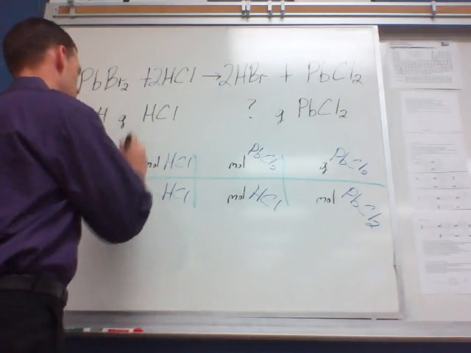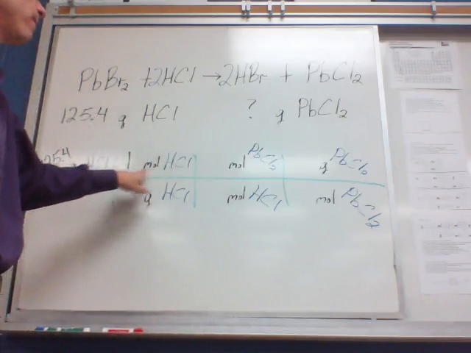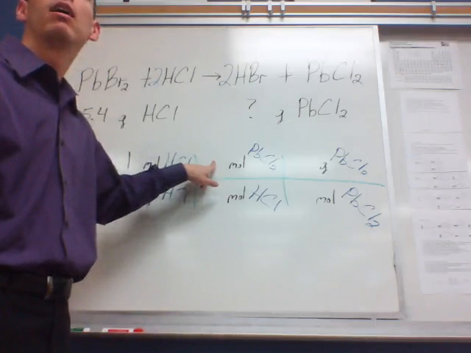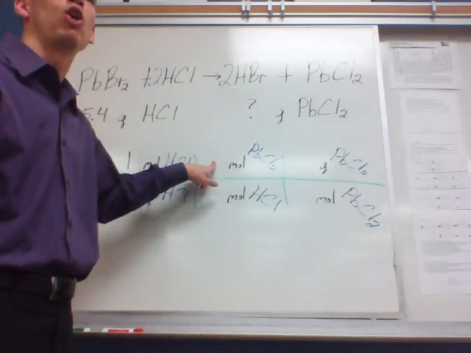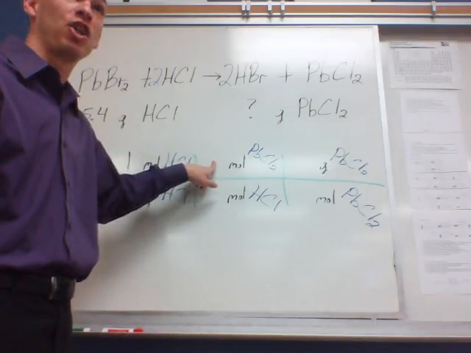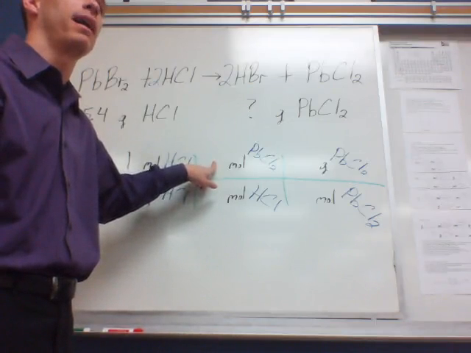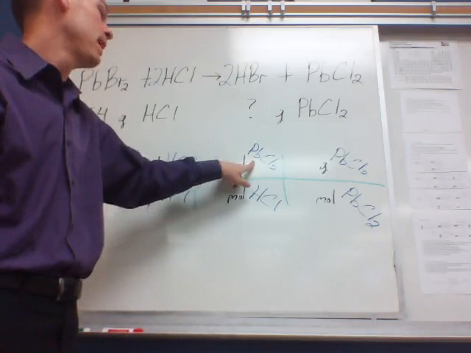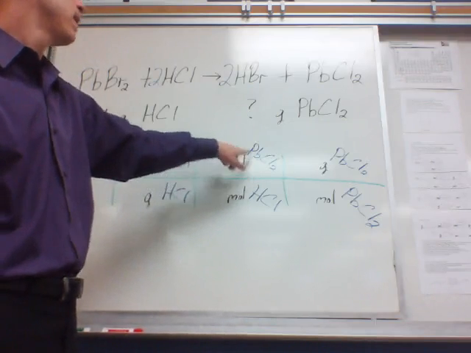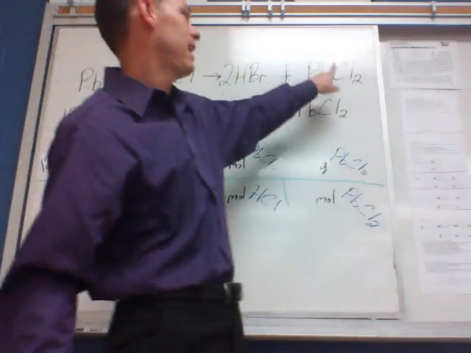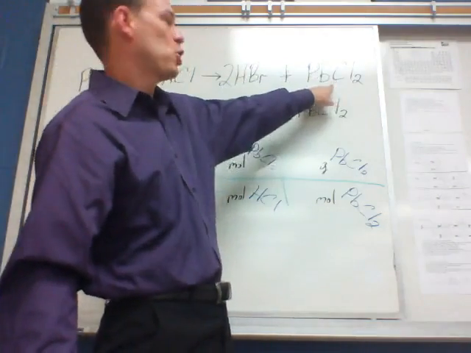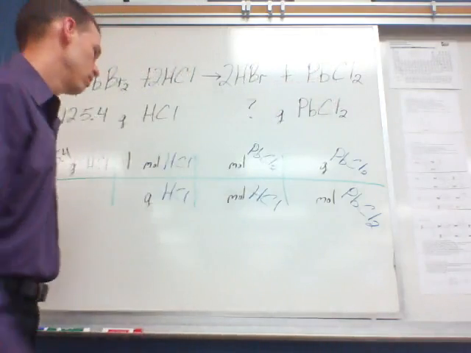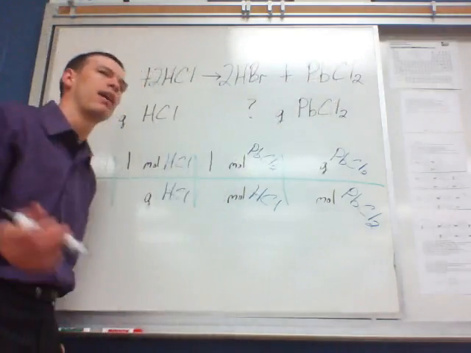That was a terrible shout. Happy Monday morning to you. To this one, what goes there? Not a 1. Look closely. It says coefficient. Don't get lazy already. It wants the coefficient of PbCl2. PbCl2 is here. His coefficient is a 1. So you were kind of right.